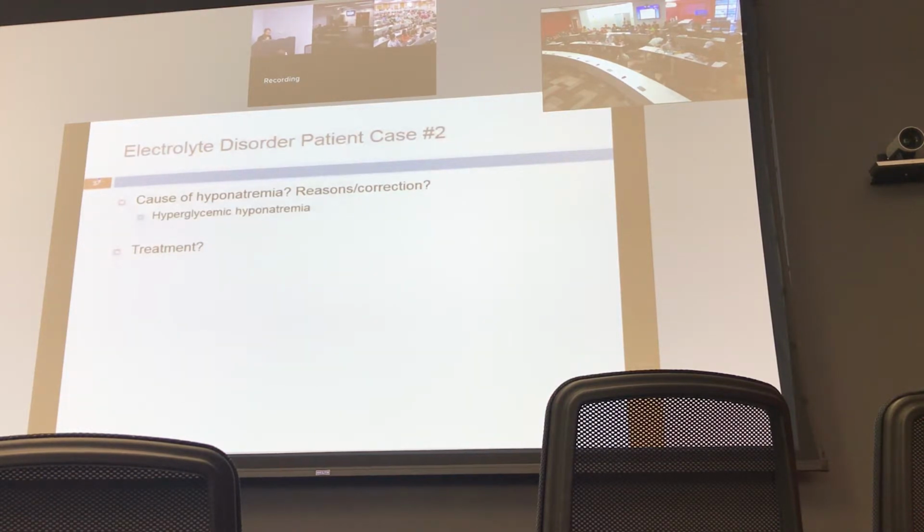Isn't it like where you do sodium equals the measured sodium plus? Go ahead. Let's do a sodium correction for glucose because of the osmotic alterations in the serum that the high glucose causes.